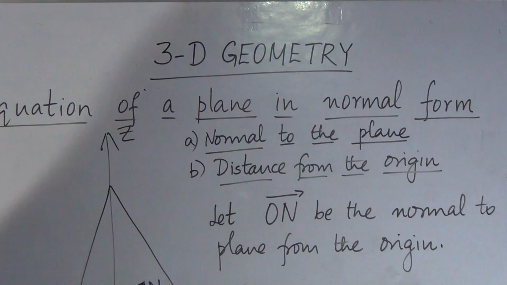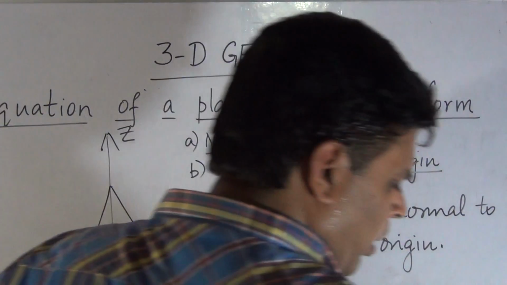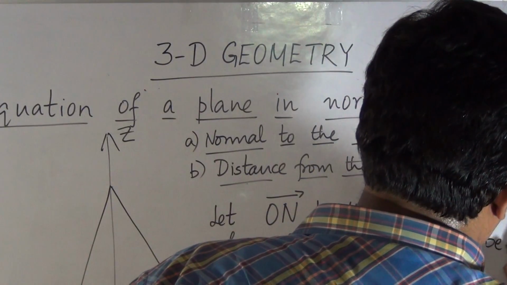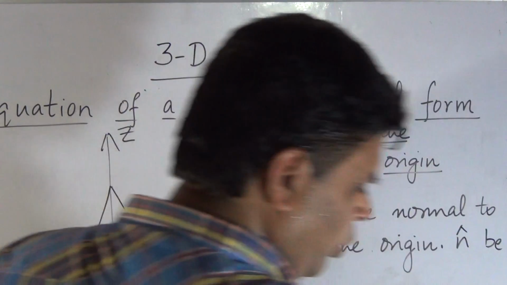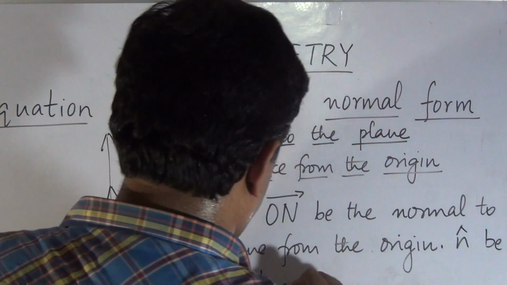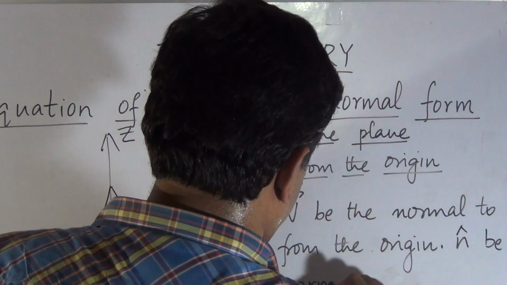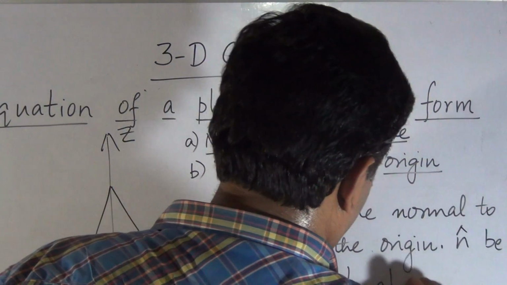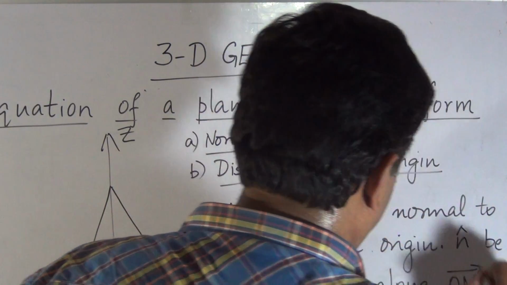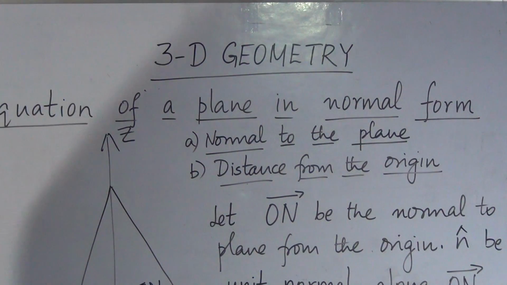So here is ON. I'll call N cap the unit normal along ON. So ON is a vector.